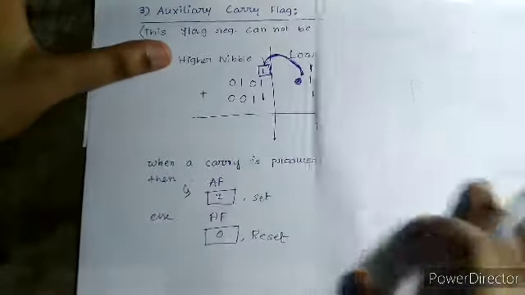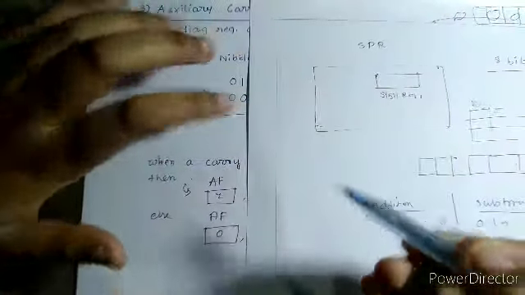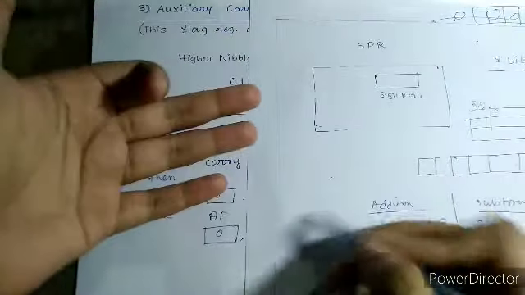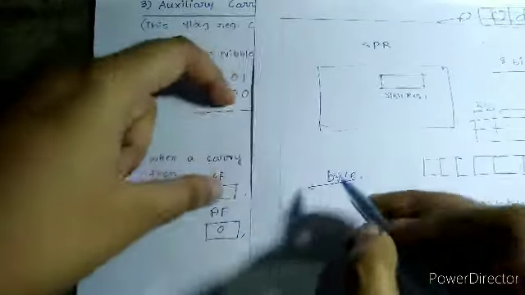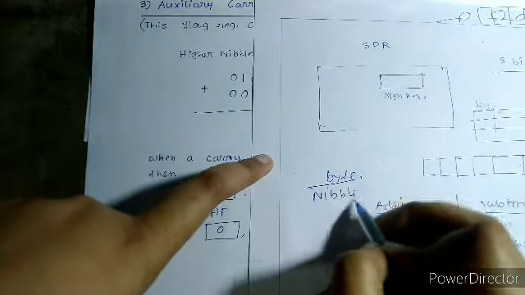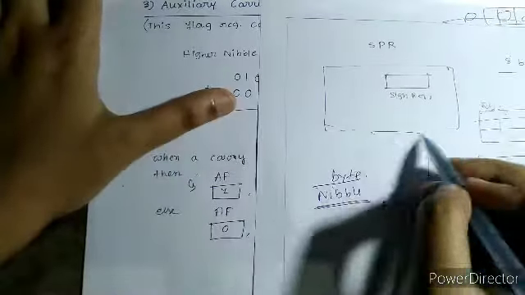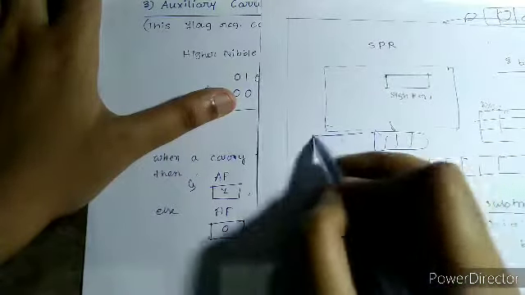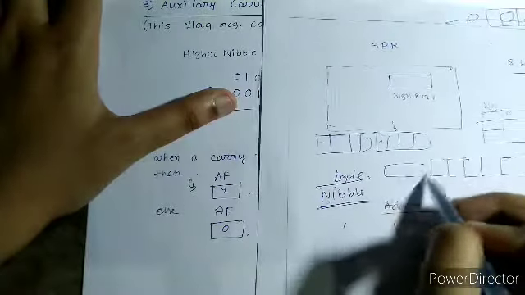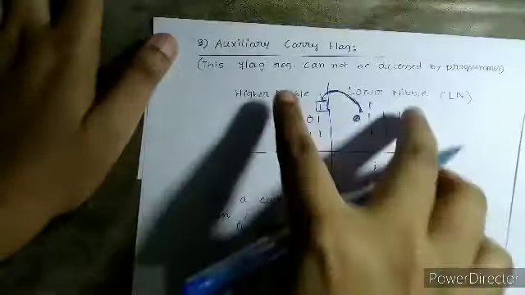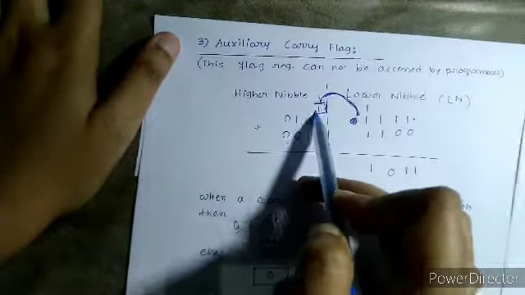When you are an adult, this is a bite, but when you are a kid, that is called a nibble. It's like nibbling someone. So a byte is an 8-bit number. In a byte there are 8 bits, and in a nibble there are 4 bits. So if this is a number, this is called the lower nibble, this is called the higher nibble.